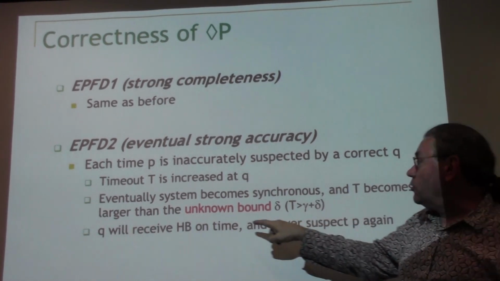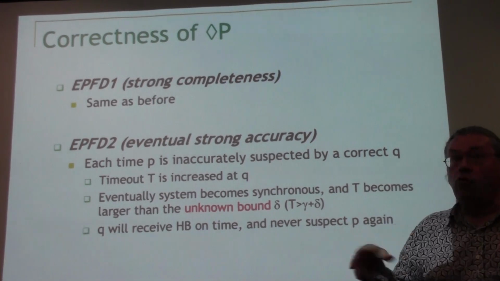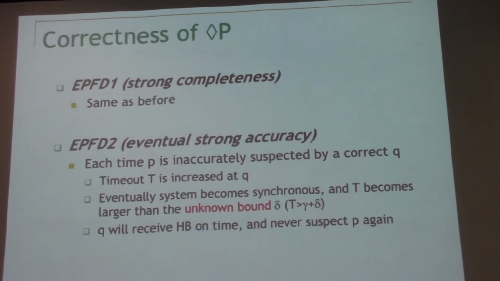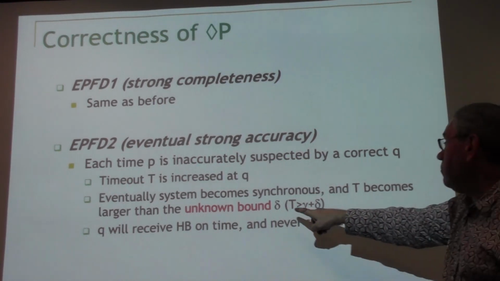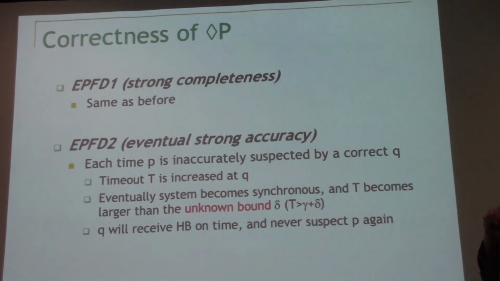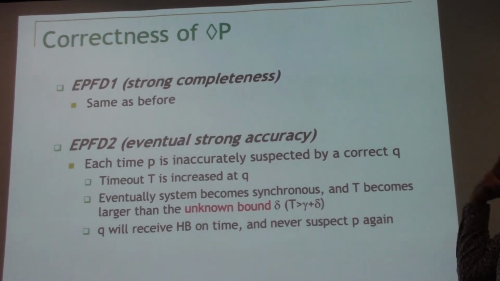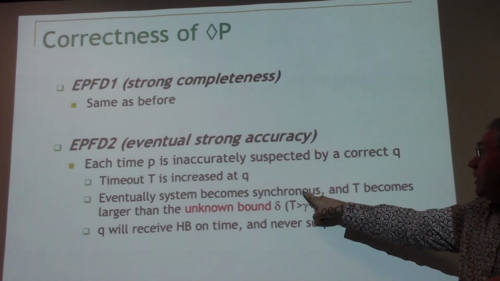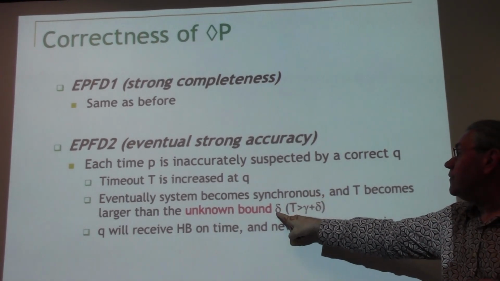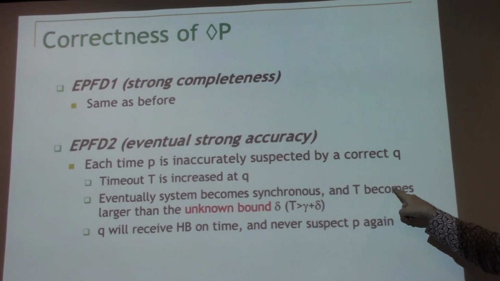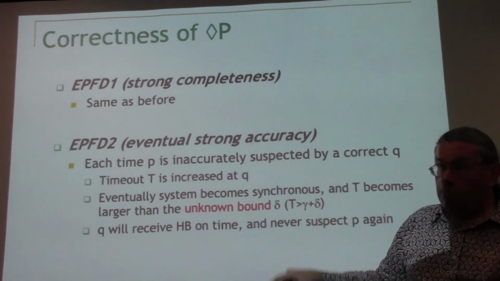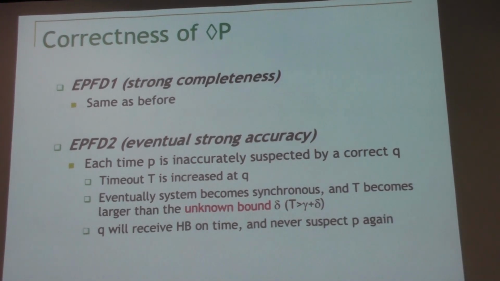eventually T becomes larger than the unknown bound, whatever it is. T will keep increasing. Eventually it will become larger than the unknown bound. We don't actually have to know the value. Eventually it will become larger. So you need these two conditions, but they will both arrive in finite time. Eventually the bound delta will exist, and eventually, once it exists, T will become greater than that bound.